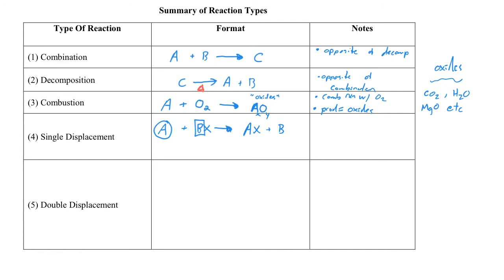Frequently, we see this involving the formation, the change of a solid or the precipitation of a solid. So you'll see B turn into a solid where A was the solid before, but it doesn't have to be that way. Now, what's special about this, the notes about this, is that we use the activity series.